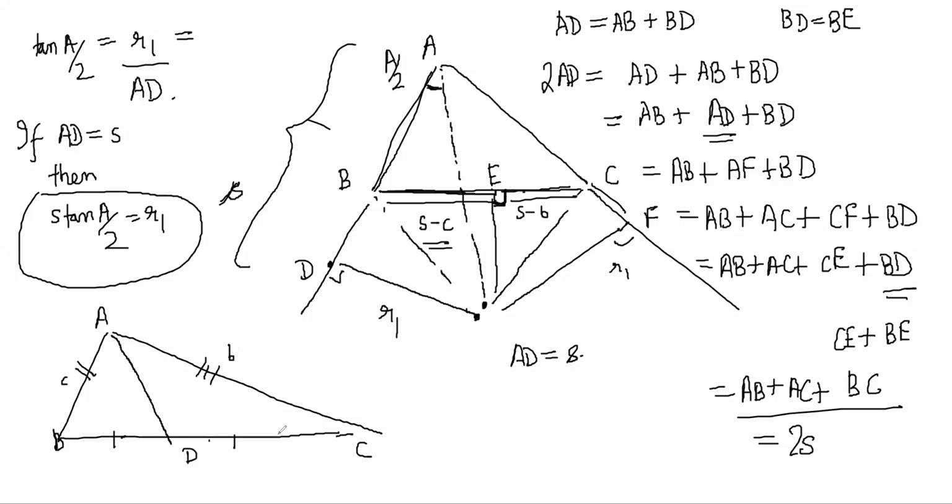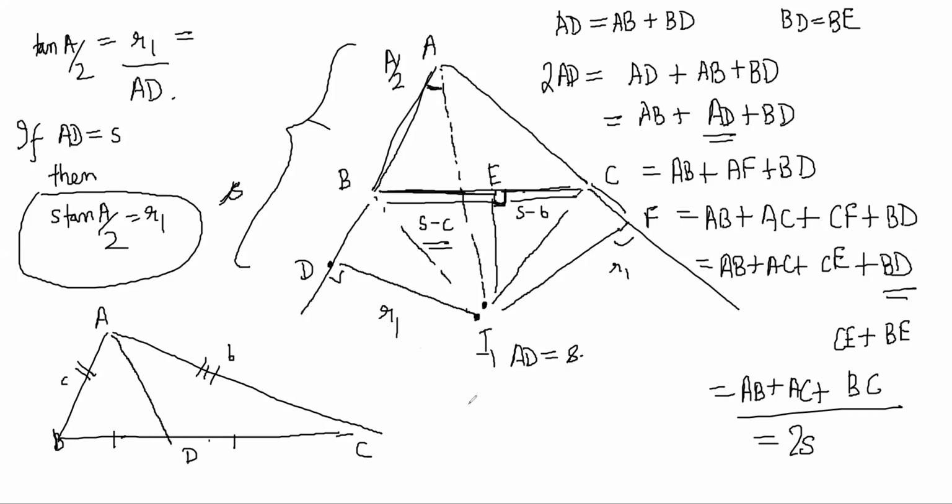Then CK plus BK is equal to A, so K is equal to A by B plus C. Since you got K, now you can write CK as AC by B plus C, and BK as BC by B plus C. So these angle bisector theorem properties are still valid, and you can write similar properties for this also. This is an angle bisector, A to I1, right?